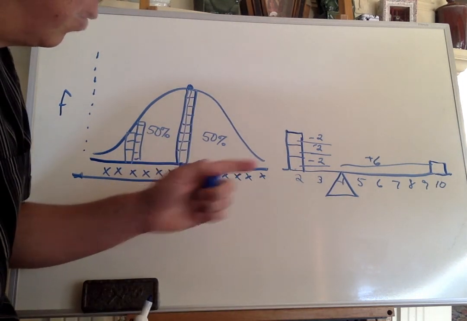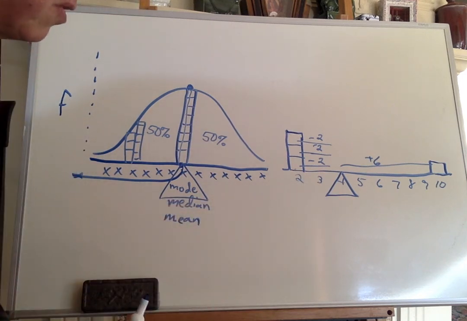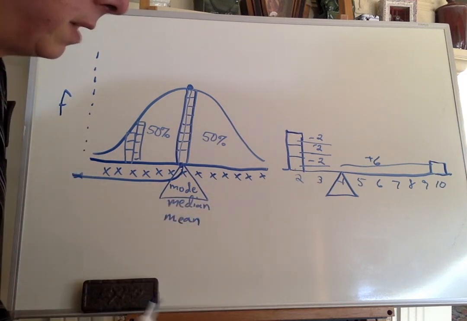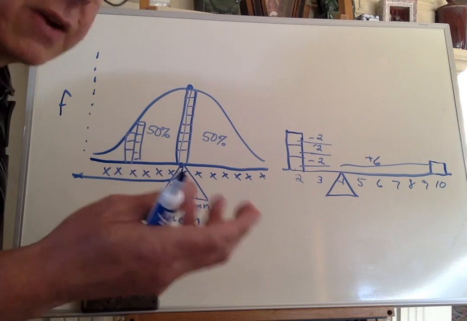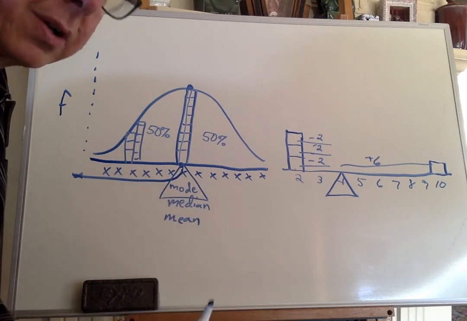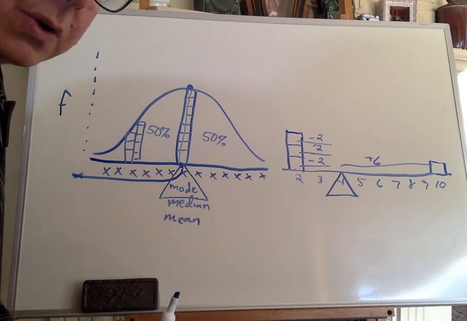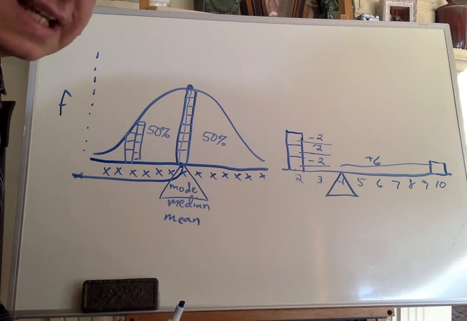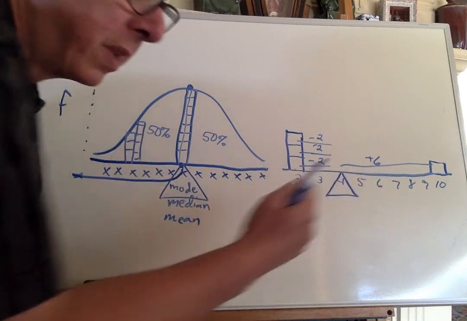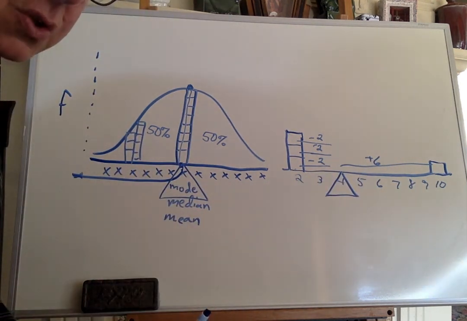Anyway, where would the median be here in this distribution? Now, before you say, I don't know, remember, figure it out. Let's remind ourselves what the median is. The median is the place in this distribution where 50% of the scores fall at or below.